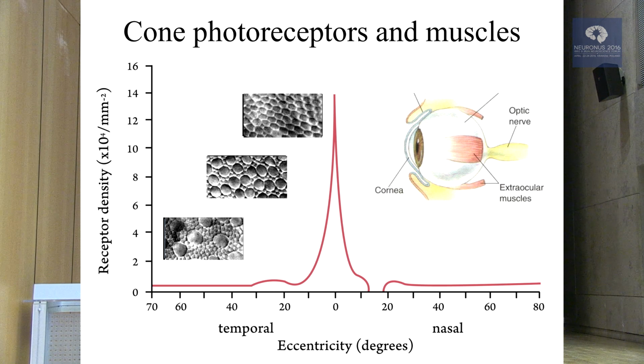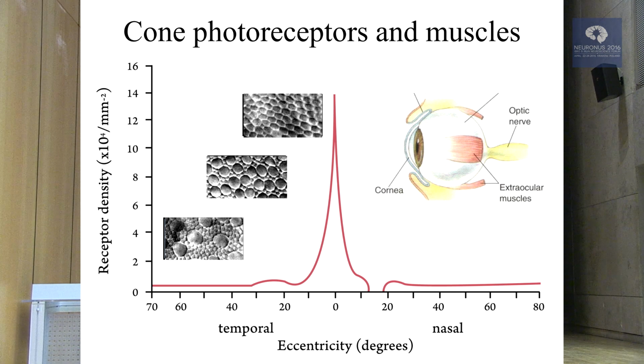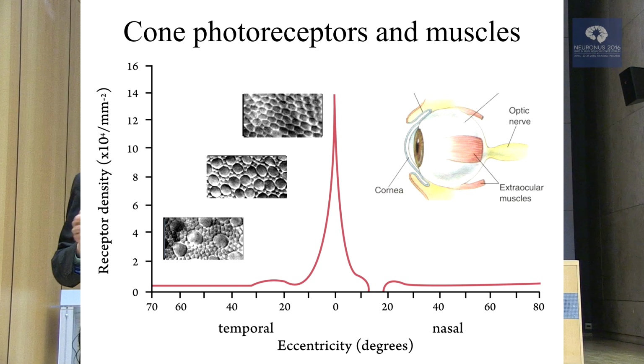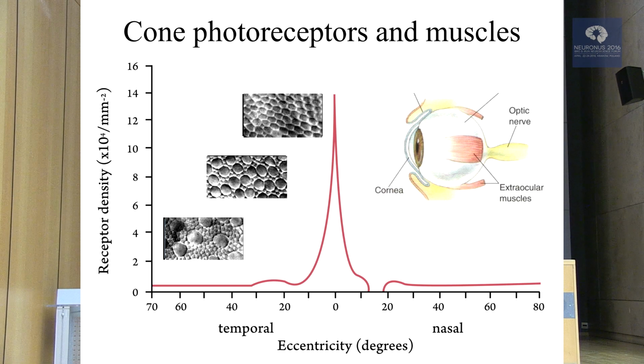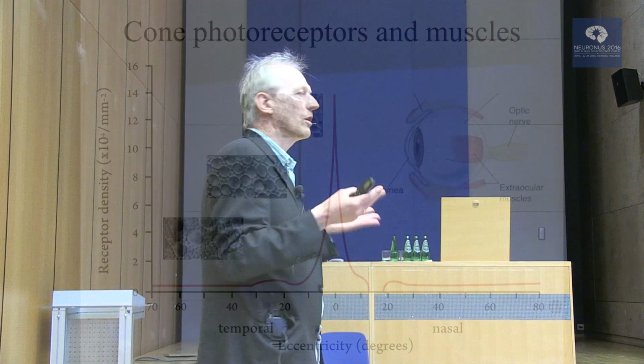And then as you go away from the fovea, very quickly the density declines, and here in the visual periphery there's about 2,000 cones per square millimeter of retina. And of course the cones are the receptors that underlie our daylight vision, and our visual acuity changes in a similar manner to the density of the cones here.